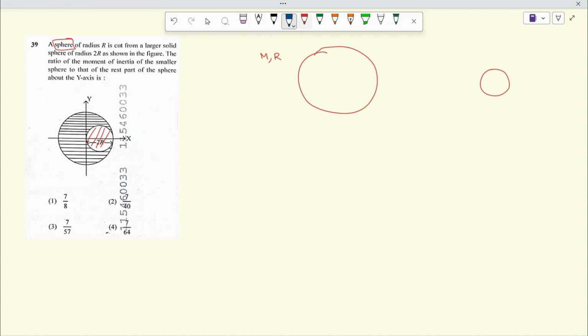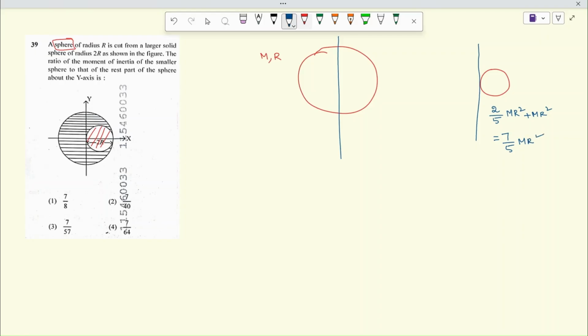The axis is passing through the center of the bigger sphere and the tangent of the smaller sphere. So for the smaller sphere, moment of inertia will be 2/5 mr² plus mr², because it is around the tangent. So plus mr², parallel axis theorem. So it becomes 7/5 mr².